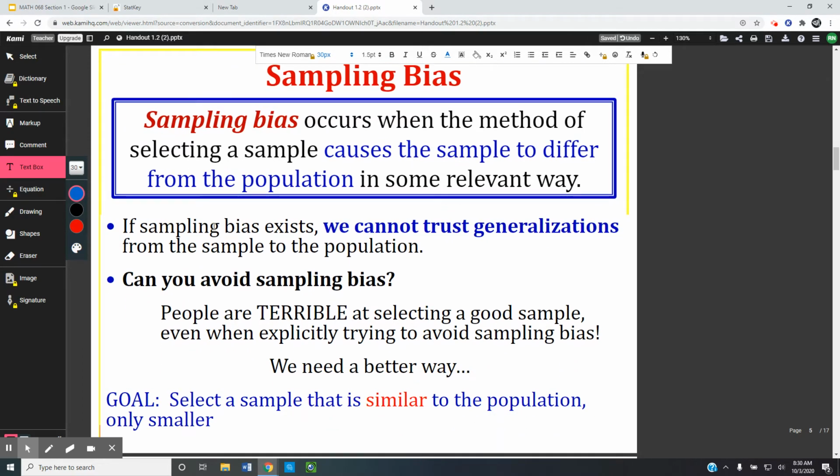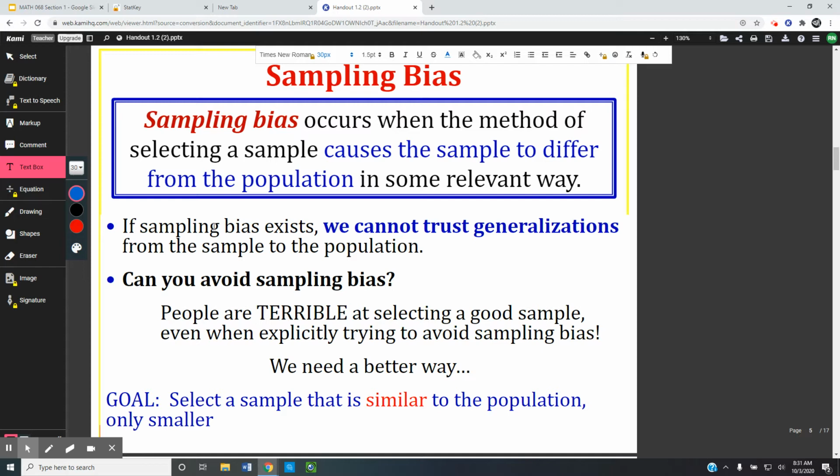Let's talk sampling bias. In sampling bias, bias occurs when the method of sampling causes the sample to differ from the population. I somehow alter the true statistics that I should get. People have a great ability to do this without actually wanting to, but it happens very, very often.